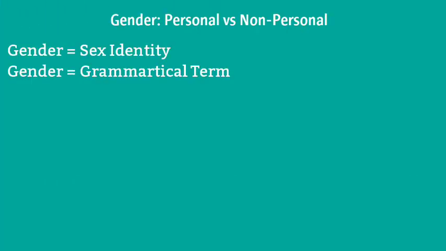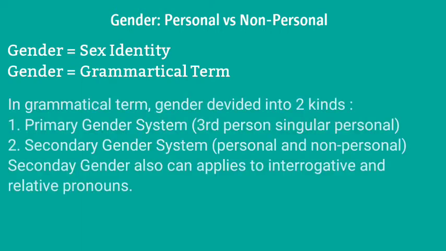Next material is about gender, personal versus non-personal. We must know the gender. Gender is associated with sexual identity, but in grammatical terms, it has a broader sense. In grammatical terms, gender can be divided into two kinds.